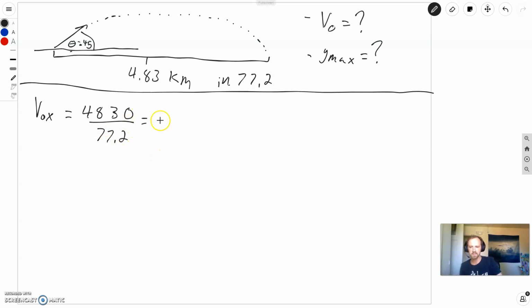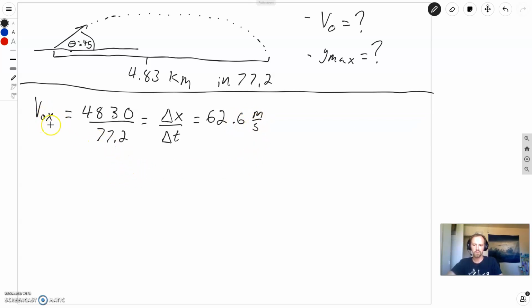I'm taking the x displacement over the total time. And since the acceleration is 0 in the x direction, I know that this will be the constant x velocity throughout. And this, I get 4,830 divided by 77.2 equals 62.6 meters per second.